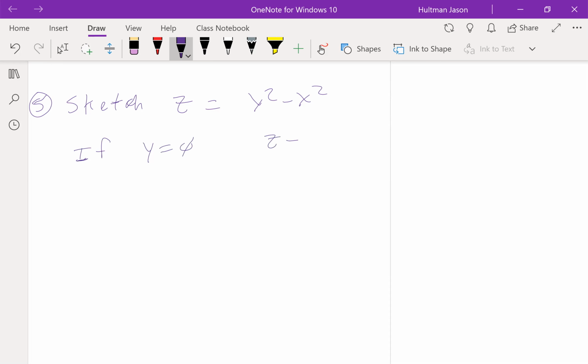We get the parabola z equals negative x squared. That's an upside down parabola in the xz plane.